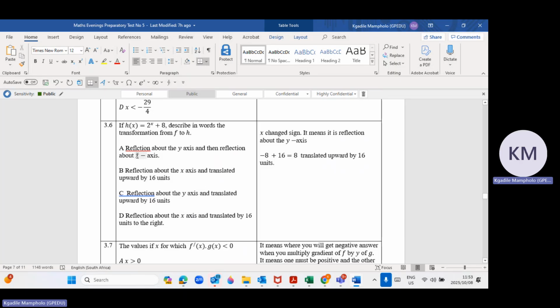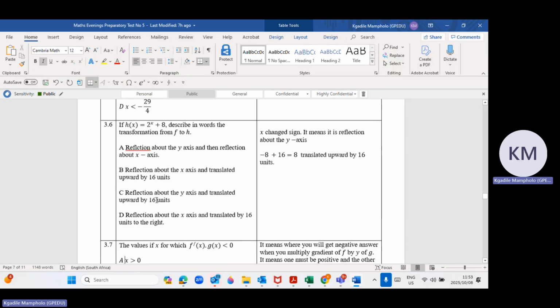So in this case, the correct answer will be C, reflection about the y-axis and translated by 16 units upwards. So as long as x changed sign, it means it was a reflection about the y-axis.